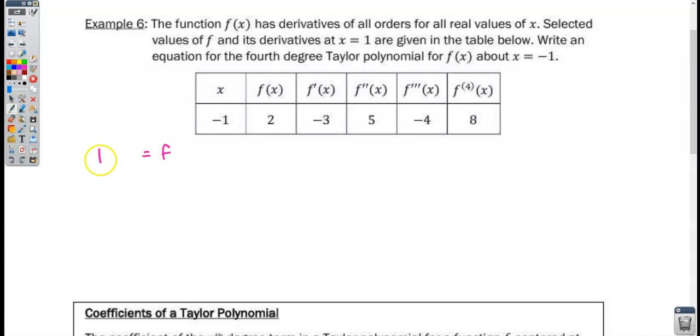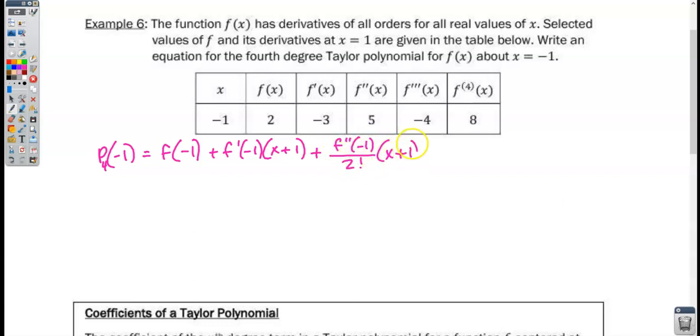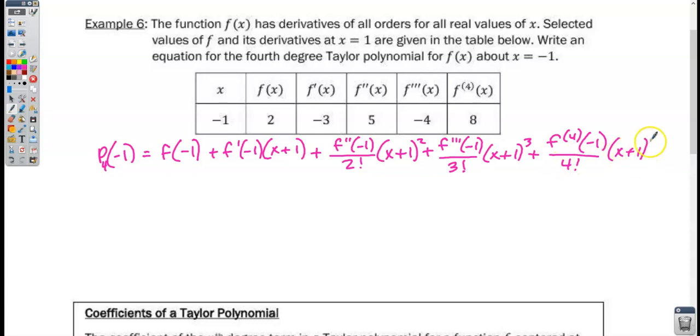At -1, we're going to find p sub 4 of x is going to be f of -1 plus f prime of -1 times x minus -1, or x plus 1 to the first, plus f double prime of -1 over 2 factorial times x plus 1 to the second, plus f triple prime of -1 over 3 factorial times x plus 1 to the third, plus f quadruple prime of -1 over 4 factorial times x plus 1 to the fourth.